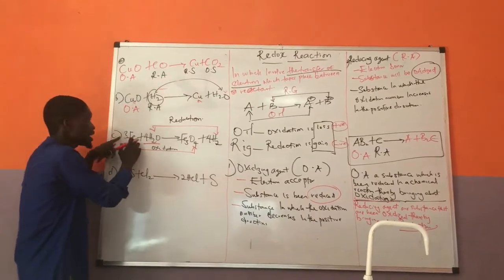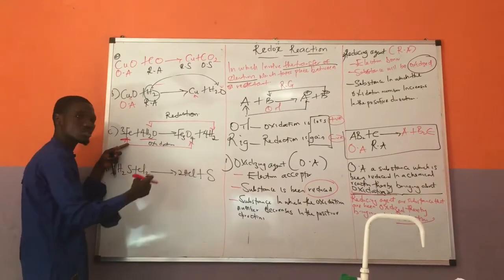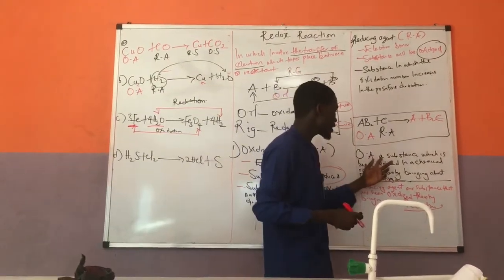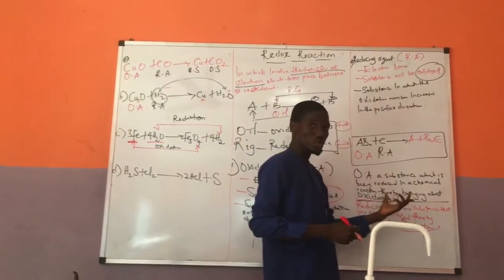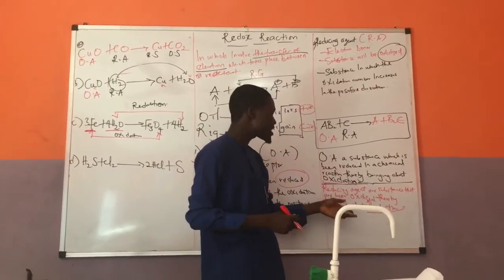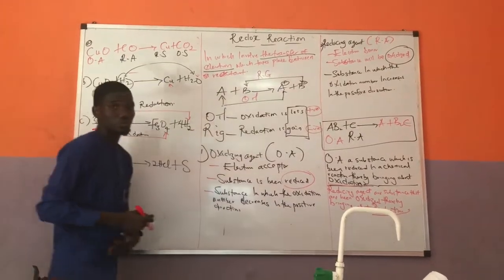So this iron here is being oxidized to this. That's why I said an oxidizing agent is a substance which is being reduced in a chemical reaction, while reducing agents are substances that are being oxidized, thereby bringing about reduction.